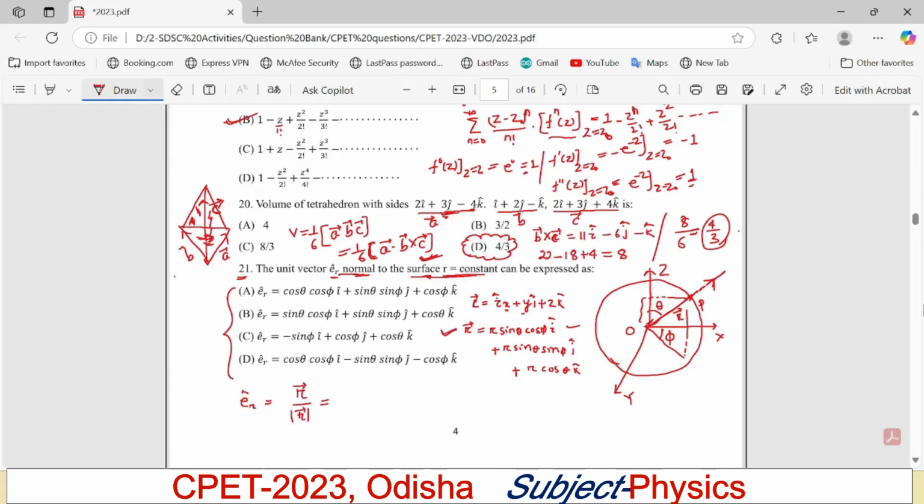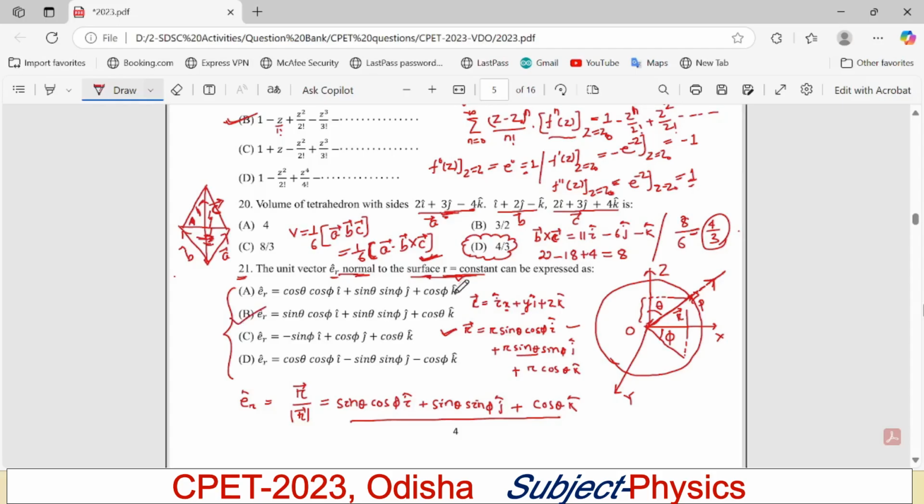So here r vector is nothing but this one. If I divide r with each term, then ER cap will be sin theta cos phi i cap plus sin theta sin phi j cap plus cos theta k cap. So this is the value of ER cap, which is perpendicular to this surface. Okay, so which option is correct? Option B is your correct answer.